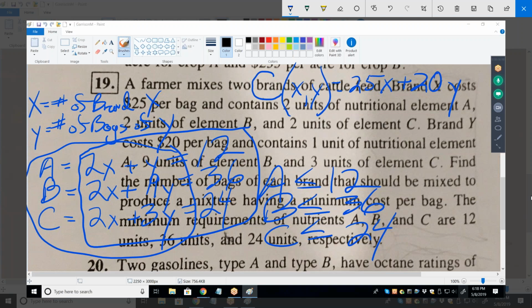We can solve for the vertices just by equating the proper equations. And each of those vertices is going to have an x and a y. We're going to be able to plug it into our objective function, and whichever one gives us the lowest cost, that's the one we're going to pick.